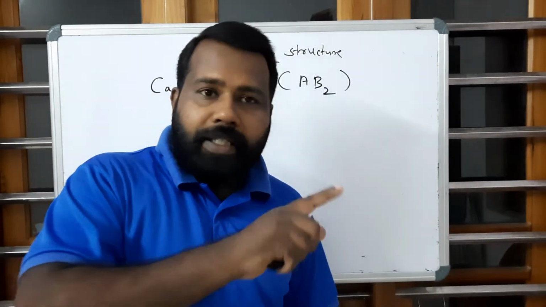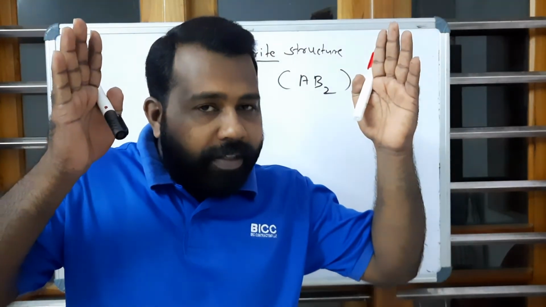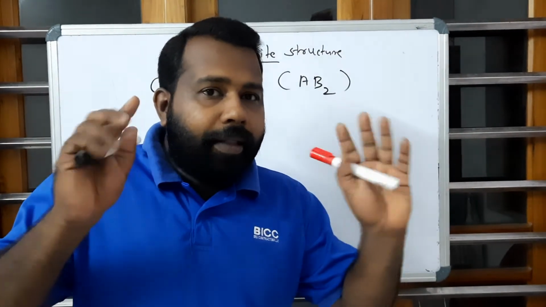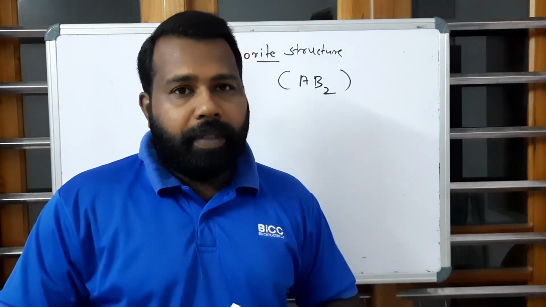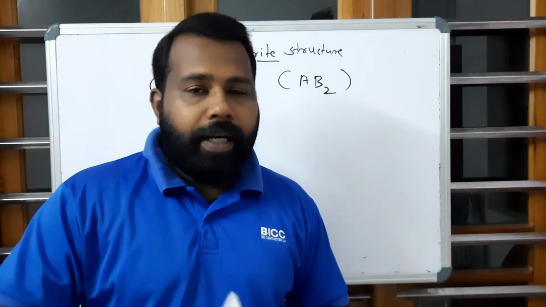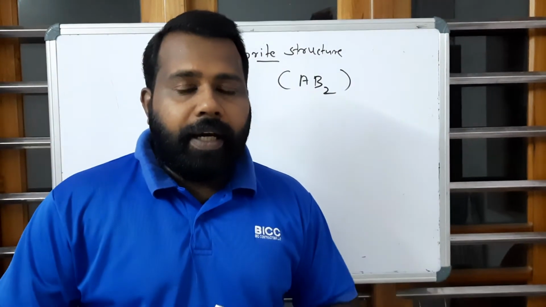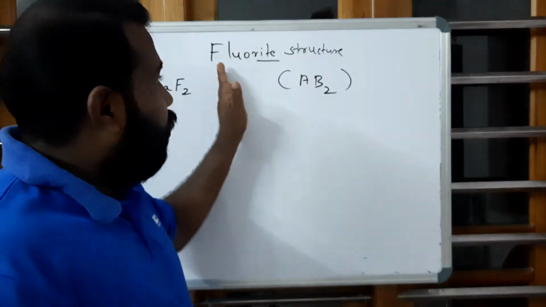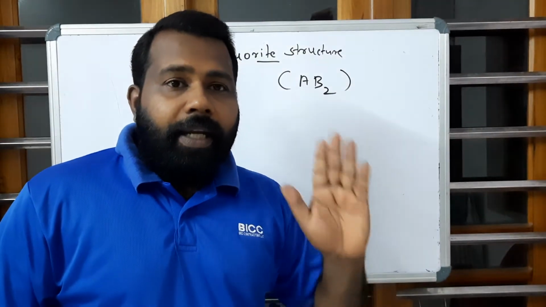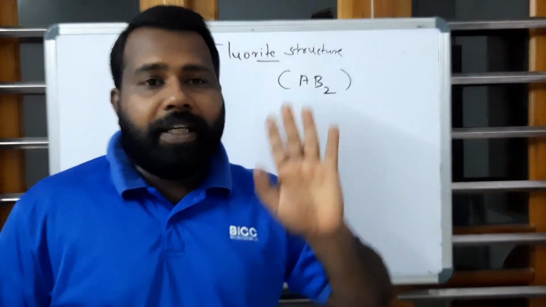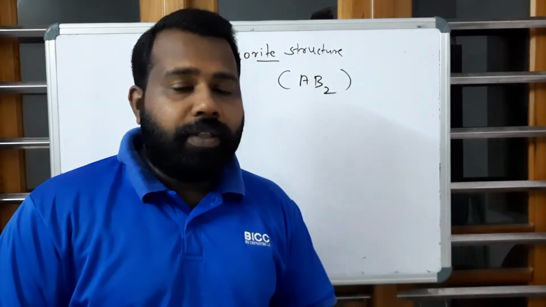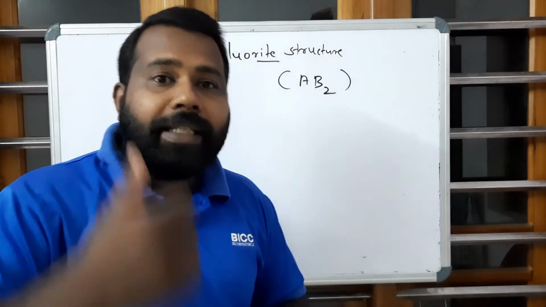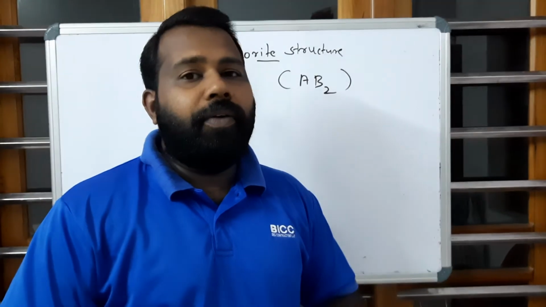Pay attention: in all the previous structures, the face-centered cube was made by the arrangement of anions, at every 8 corners and 6 face centers. But in this fluorite structure, the face-centered cube is made by cations, not by anions.